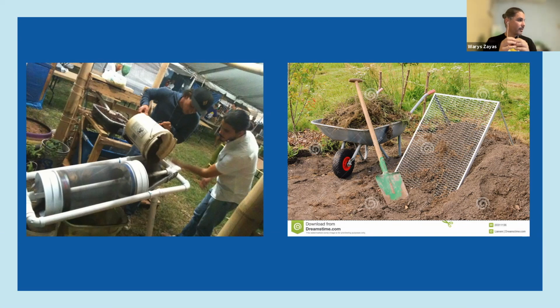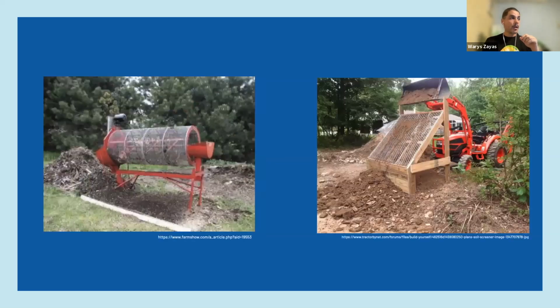I think we built that for less than 20 bucks. Okay. The other model that you can use is the one on the right. It is a little more complex, but you can make it at home too, and it's really useful. In my opinion, the chicken wire used for the mesh, the holes must be a little smaller, right?